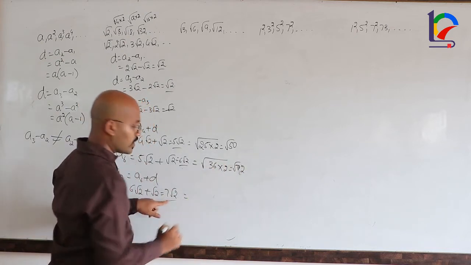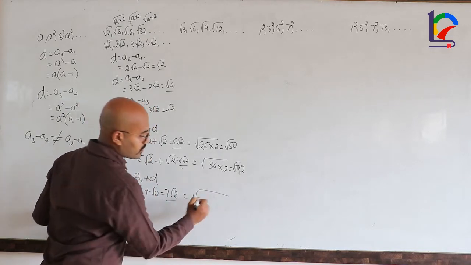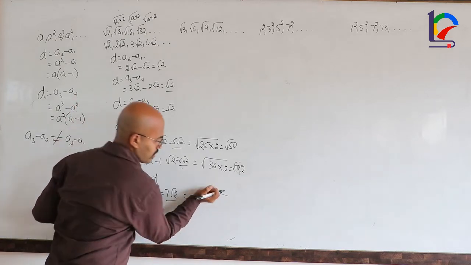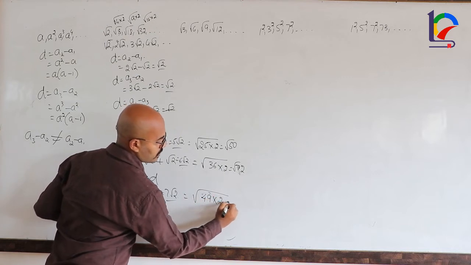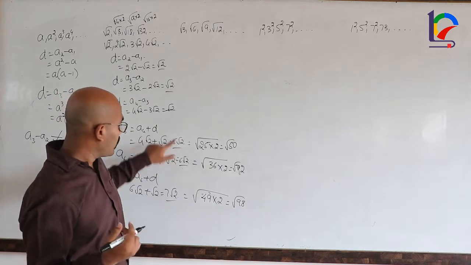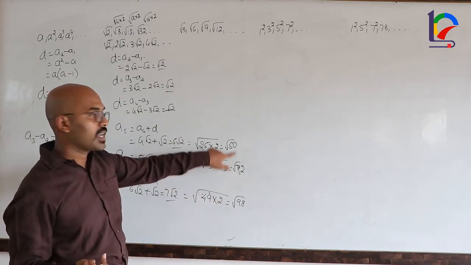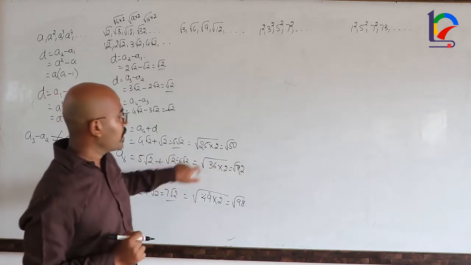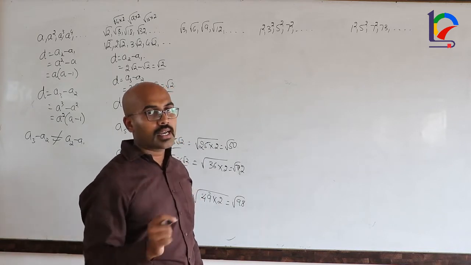Similarly 7 root 2, if we take 7 under the root, it will be 7 square, which is 49. Into 2, it is root 98. So you can write these three terms like this, or even this is also the correct answer. The next 3 terms can be 5 root 2, 6 root 2, 7 root 2, or root 50, root 72 and root 98. Both the answers are correct.